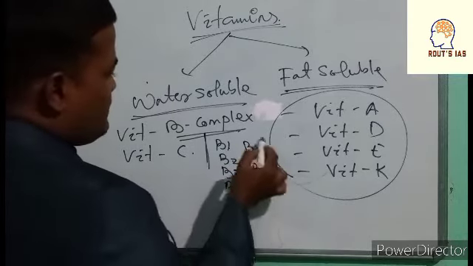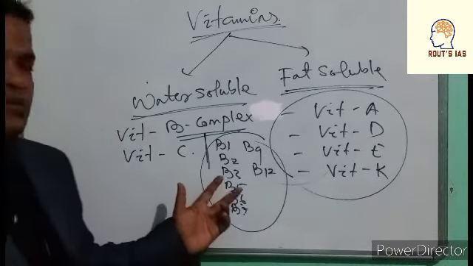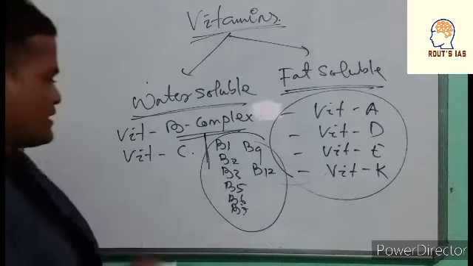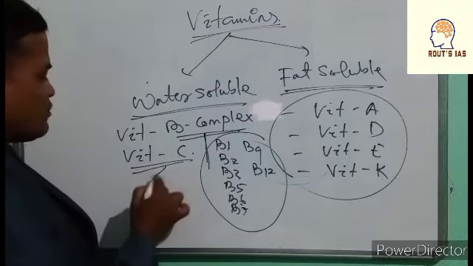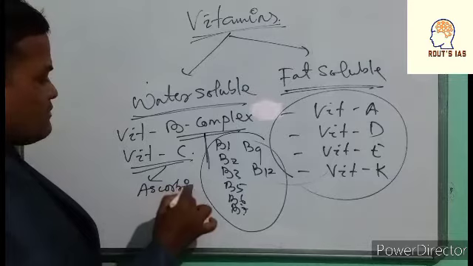So these are the vitamin B complex, because a number of B vitamins are there, that's why it is called vitamin B complex. And this is vitamin C, which is otherwise called ascorbic acid.